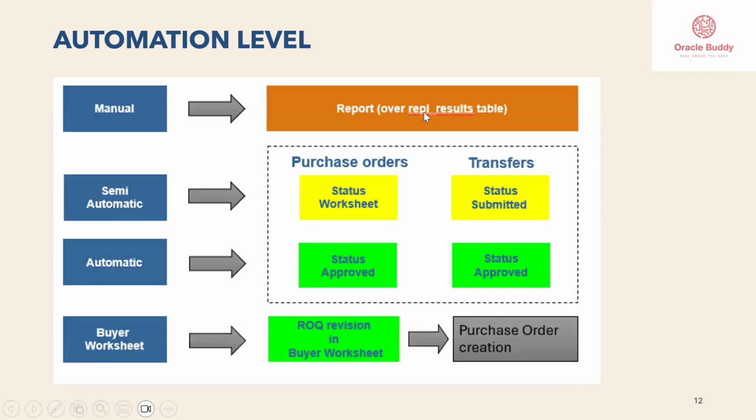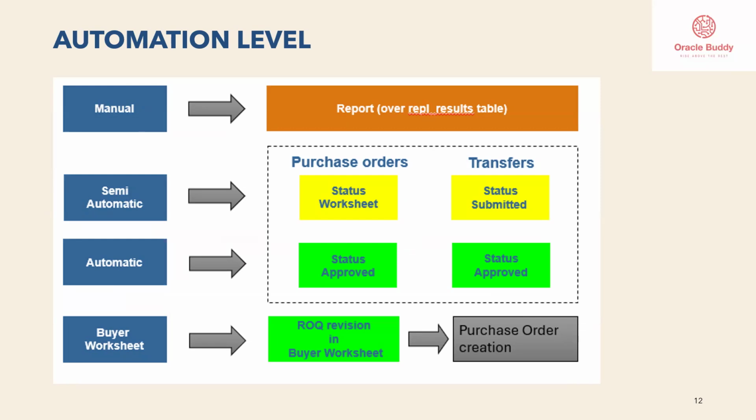Based on automation level, as we already discussed, we have these types of replenishment: manual, semi-automatic, automatic, and buyer worksheet. In manual, it reports over the replenishment result table and the user creates the manual purchase orders based on the replenishment results.